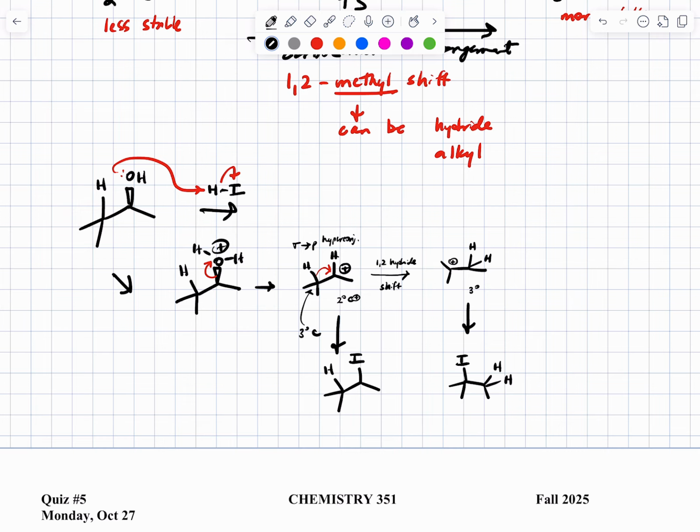But again, the pattern you're looking for is positive charge adjacent to a secondary, a tertiary or quaternary carbon. If it's adjacent to a tertiary carbon, you can do a 1,2 hydride shift. If it's adjacent to a quaternary carbon, you can do a 1,2 alkyl or methyl shift. All right, other questions?